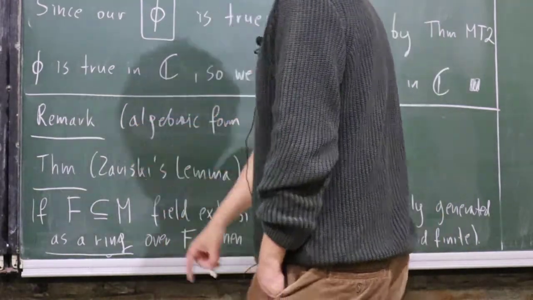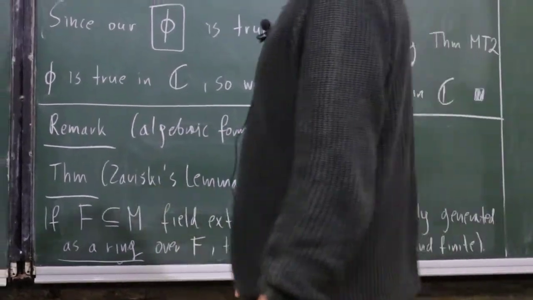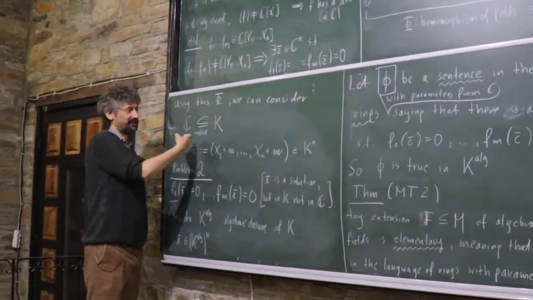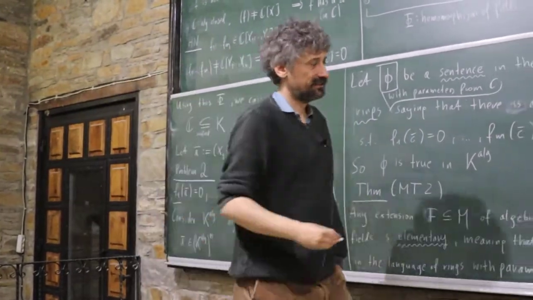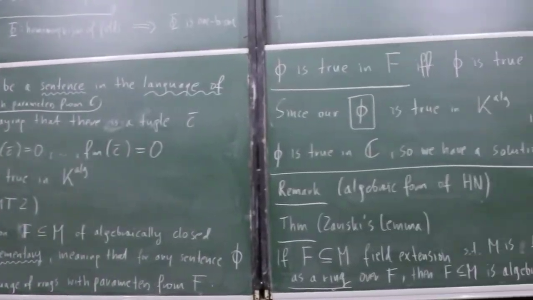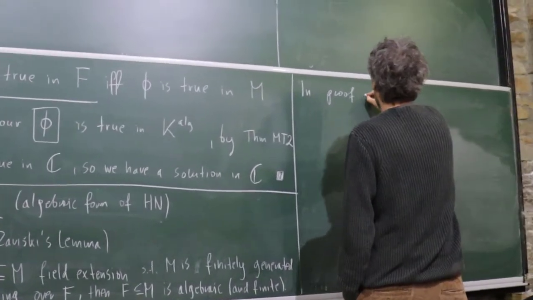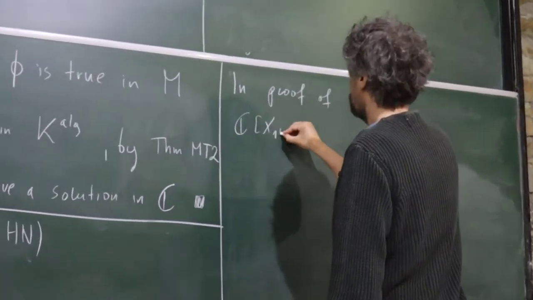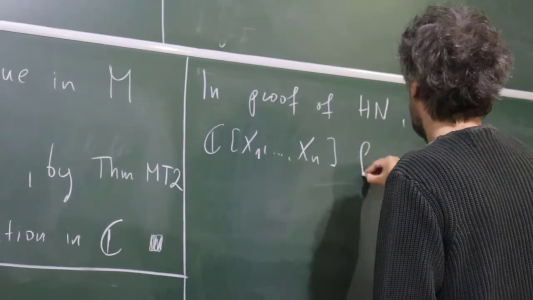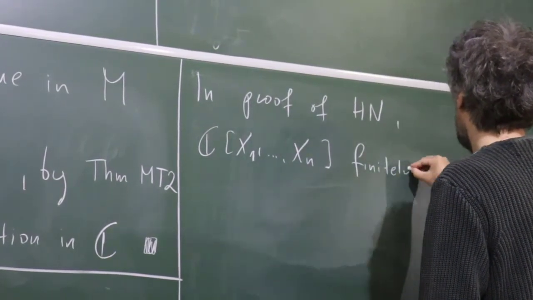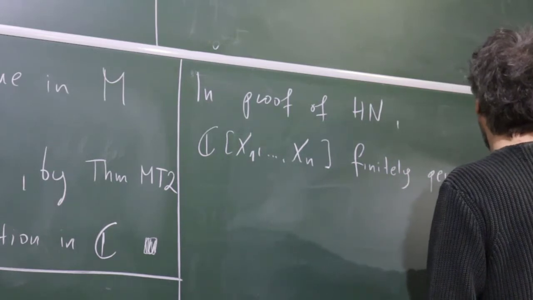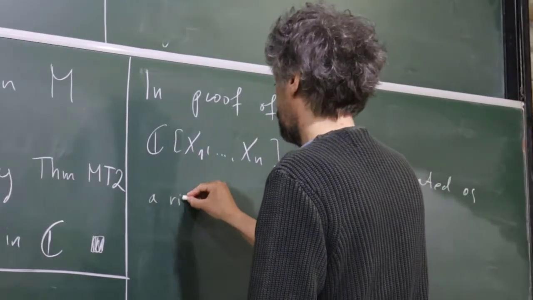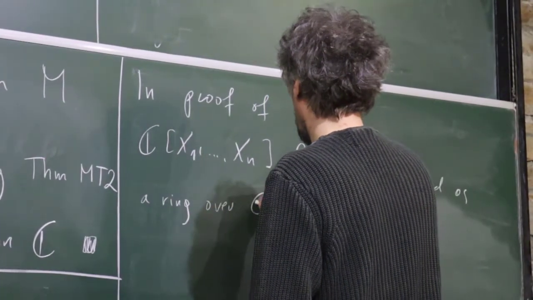Okay, so assume this is true. I will not show how to. How is it related? This K is finitely generated as a ring by these elements. So in the proof of Nullstellensatz, of course, this is finitely generated by these variables as a ring, so the quotient as well.